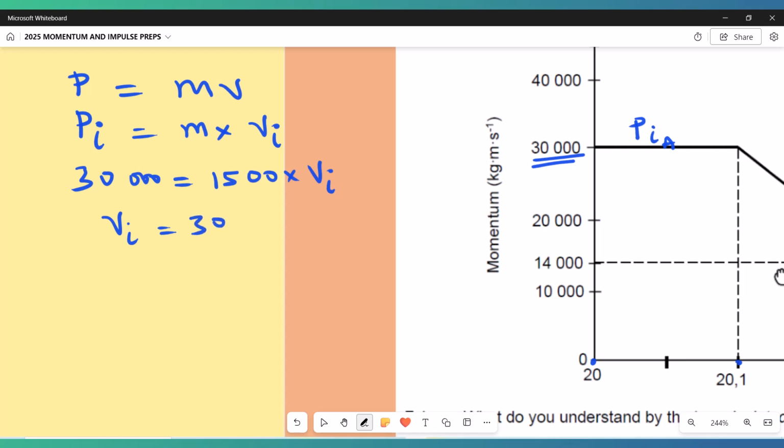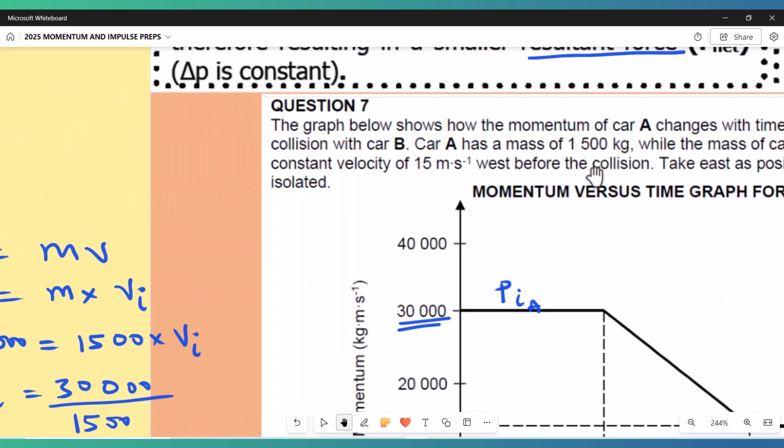So v initial equals 30,000 divided by the mass of the car, which is 1,500. Let's confirm the mass. Yes, that's correct.